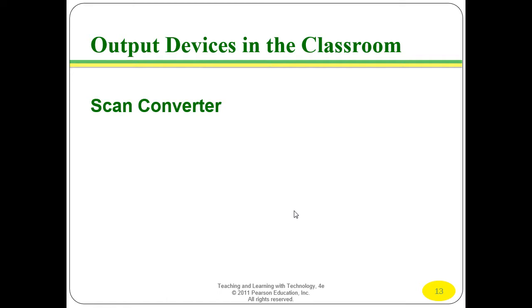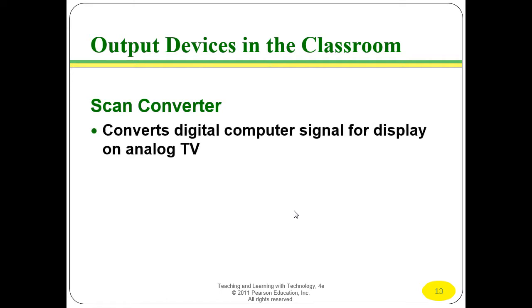Then we've got what are called scan converters. It'll convert digital computer signals for display on analog TV. So we can take our computer output, our video output, and then convert it to be able to display on an analog television.